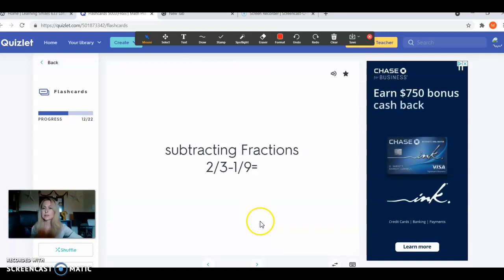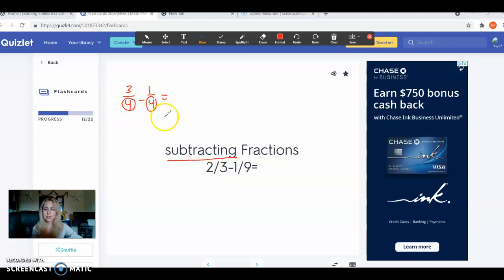Subtracting fractions, same deal. Let's say we have 3/4 minus 1/4. Just like adding, when we add and subtract fractions, we have to have the same denominator. If you remember anything, just think: when I add and subtract fractions, I have to have the same denominator. In this case, great, we have the same denominator, so we keep that 4.